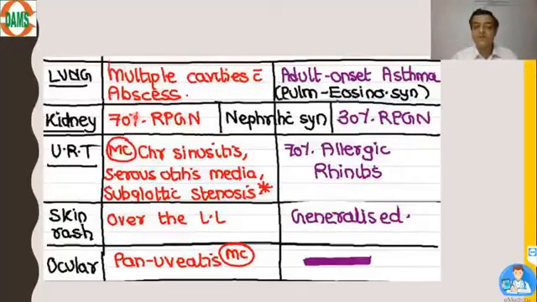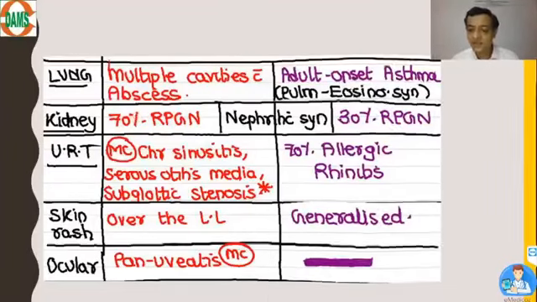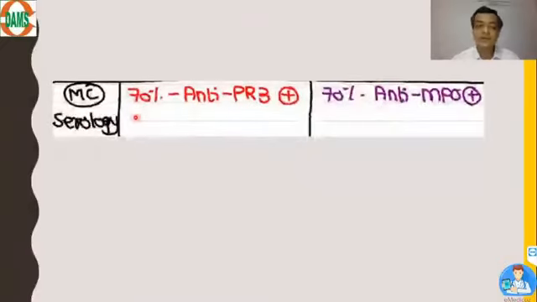If ocular manifestation is present, it has to be Wegener's, because ocular involvement does not occur in Churg-Strauss. Once you suspect the disease, you start with the screening antibody. That's the difference.